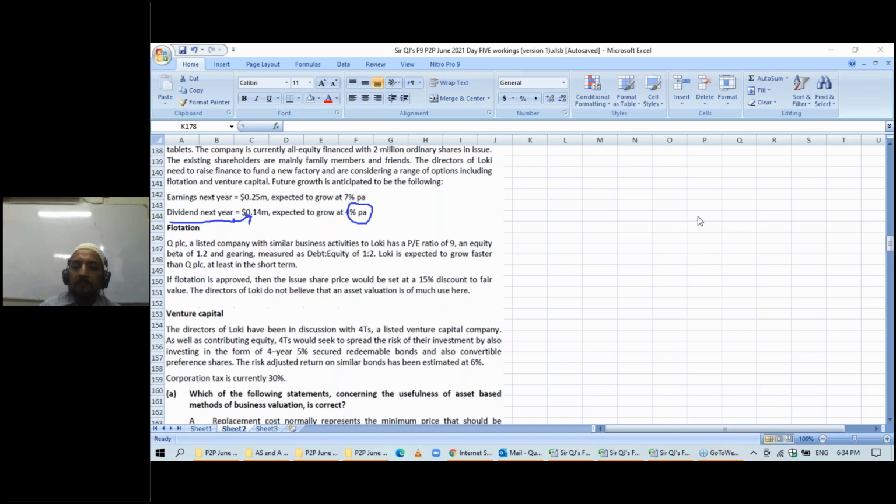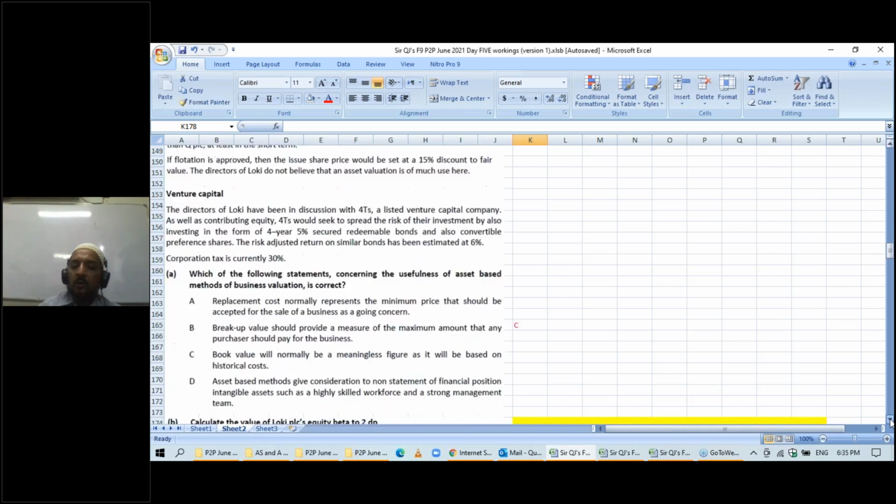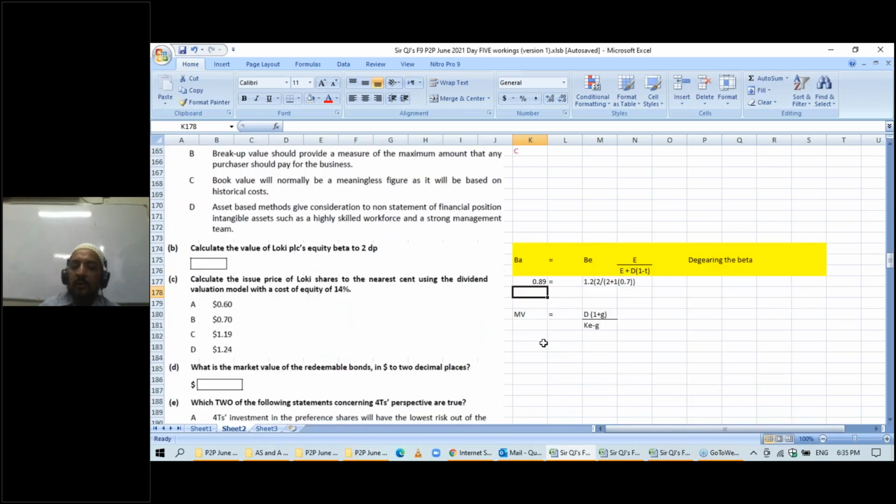Okay, so moving on to the solution. The same formula is used to calculate the cost of equity. If you shuffle the cost of equity towards the left and bring the market value down, you will get the formula for the cost of equity, which we use in calculating the WACC.